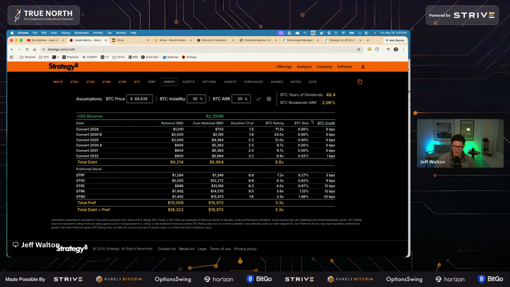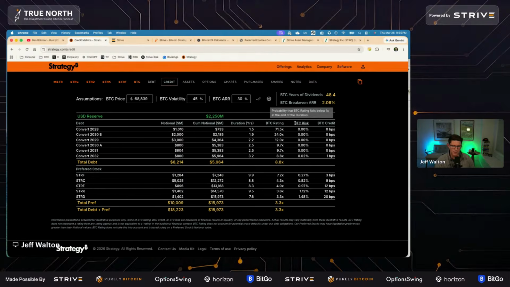Okay, so what is BTC Risk? BTC Risk is the probability that the BTC rating falls below 1 at the end of the duration period. So there's a few things here. BTC rating is the amount of notional outstanding relative to the Bitcoin held on the balance sheet.